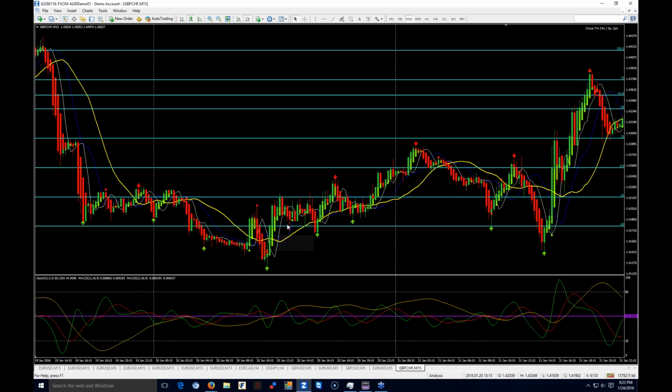But this really did signify an uptrend because of the moving average being in that placement, as I stated: yellow, blue, and white candles are above it. Then it dipped down, just tested, reversed back up, shot back through here.